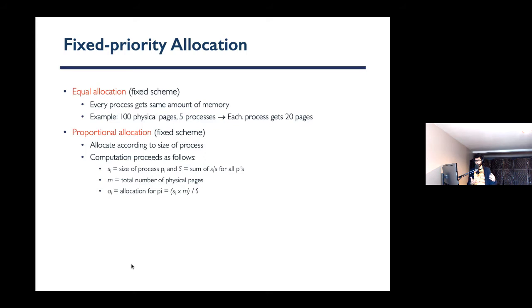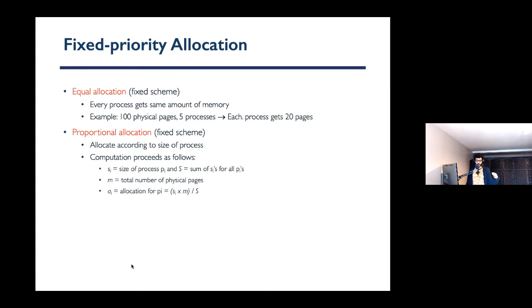Proportional to what? It could be proportional to their memory accesses. So if you have one that has a lot of memory accesses, then you can give it more weight. And if you have one that doesn't have many memory accesses, you can give it less weight. Then each one of them will proportionally get their share.